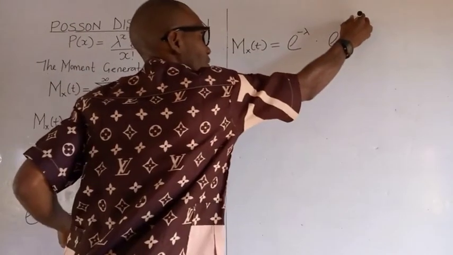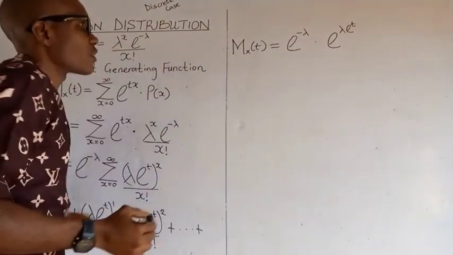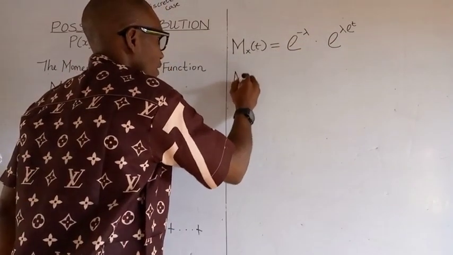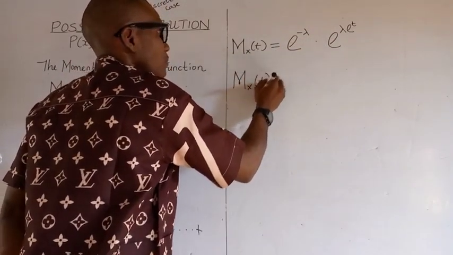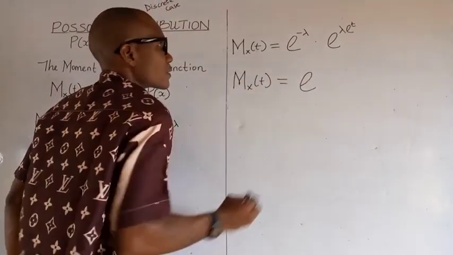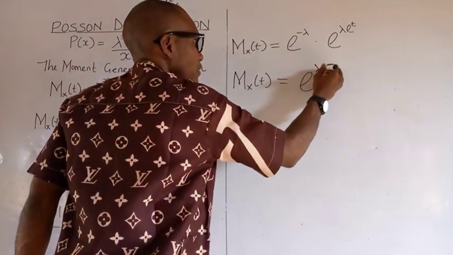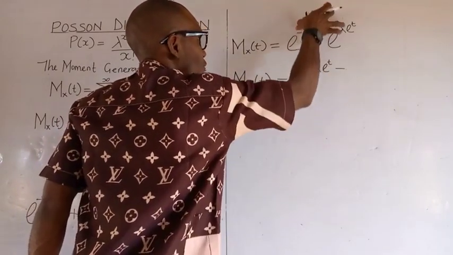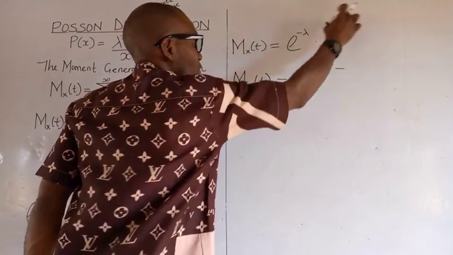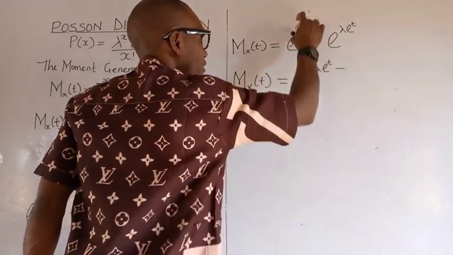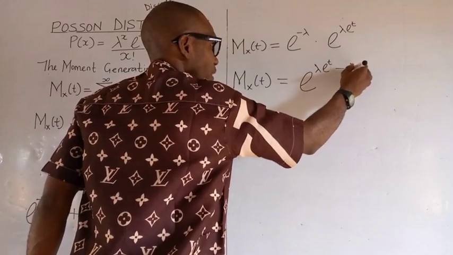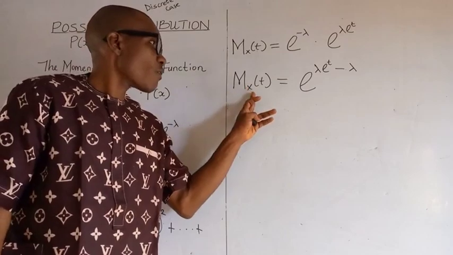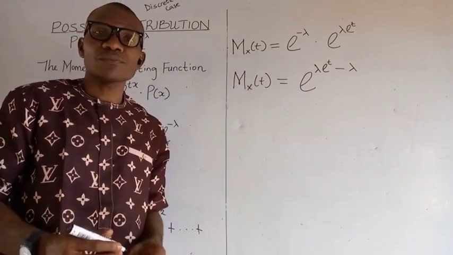Of course, from indices, we can rearrange this to give us our M_X(t) to be exponential, we bring this first, minus this function. We can add them. Since there is a negative sign here, we say minus λ. So this is the moment generating function for the Poisson distribution: e^(λ e^t - λ).